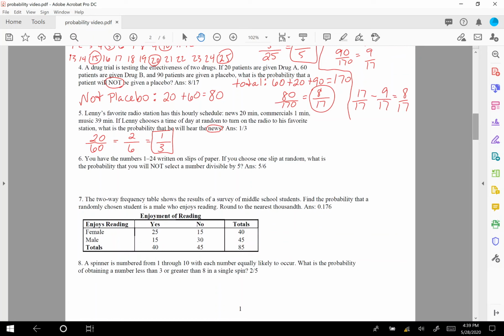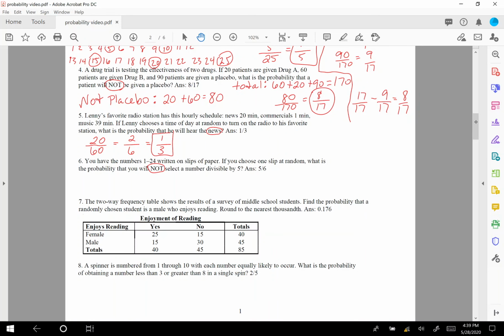Okay. So now, number 6 here, it says you have the numbers 1 through 24 written on slips of paper. If you choose one slip at random, what is the probability that you will not select a number divisible by 5? Okay, let's number this out again.